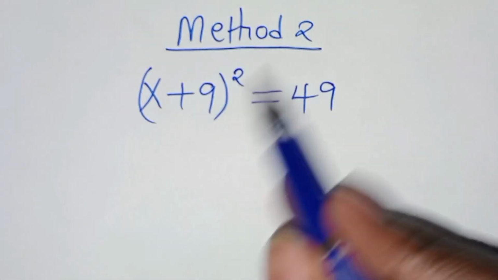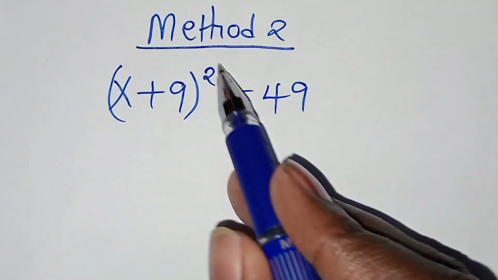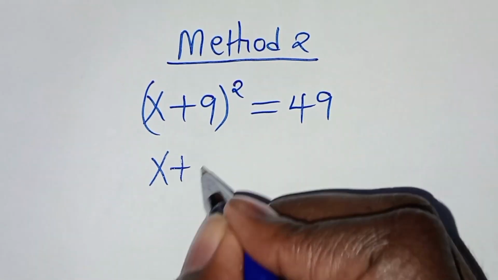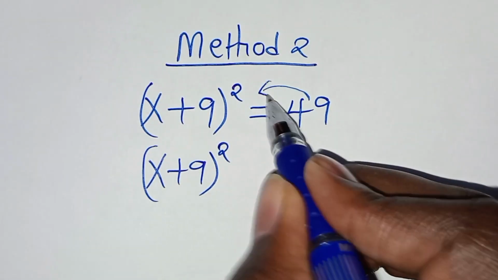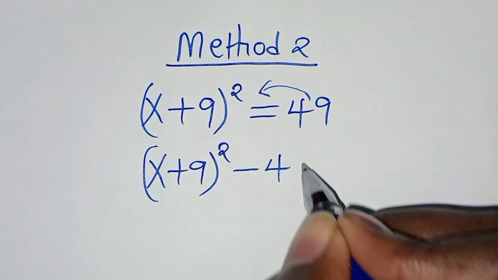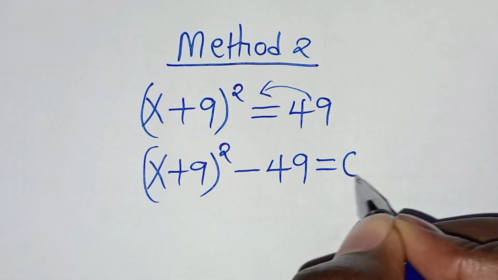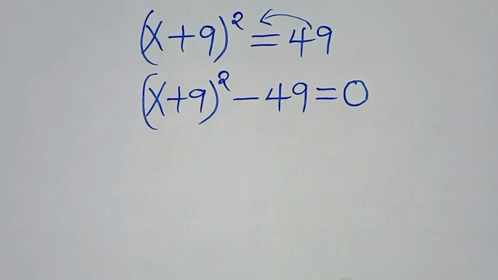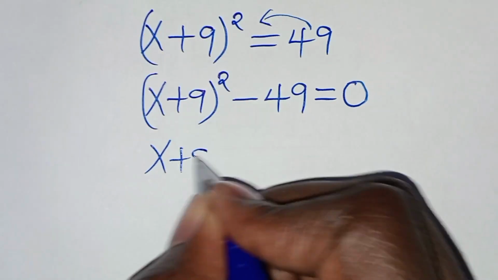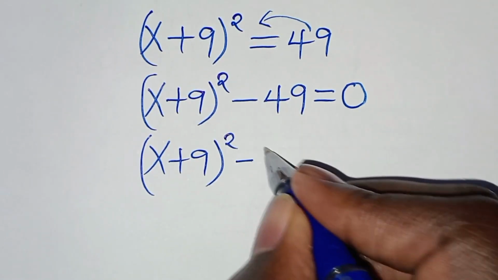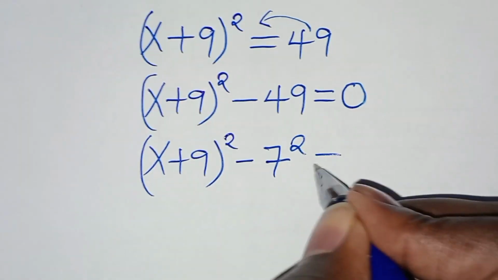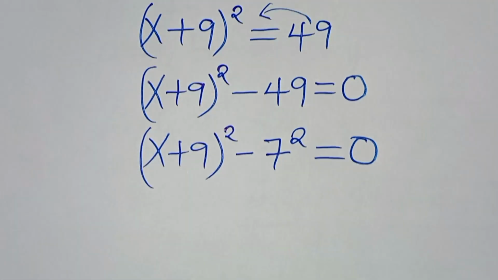By applying method 2, we have (x + 9)^2. Let's take 49 to the left hand side, so minus 49, equal to 0. So here we have (x + 9)^2 - 49, which is 7^2, equal to 0.